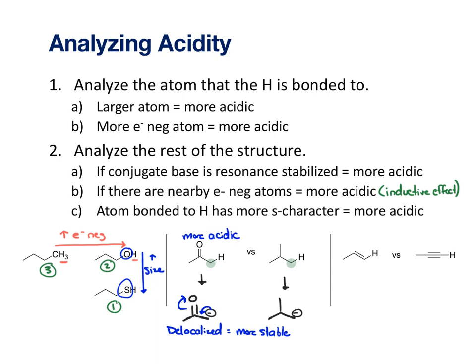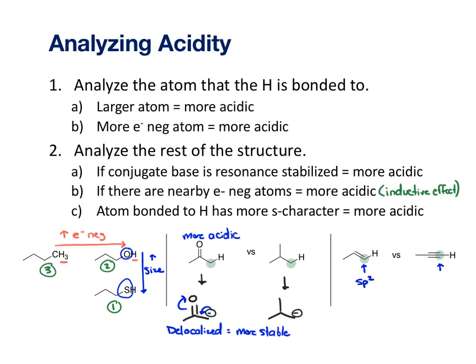And then in these final two, again, we're looking at the same atom in both cases, carbon and carbon with a hydrogen, but this is analyzing the S character. In this first one, the carbon is sp2. And don't forget, there is another hydrogen on that carbon that's implied.